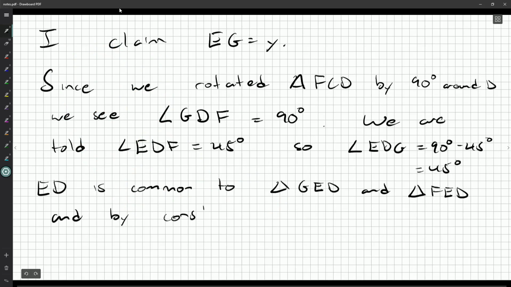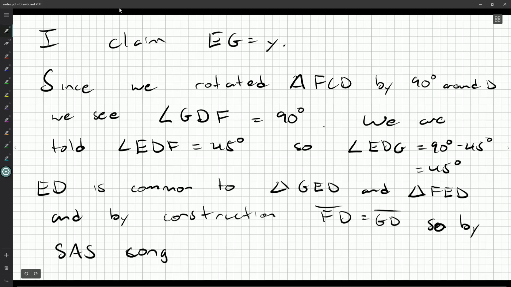And by construction, FD in length is equal to GD in length. So by side angle side similarity, actually congruence, it's angle angle angle similarity, everything else is congruence. Triangle GED is congruent, not similar, congruent, and that's stronger.